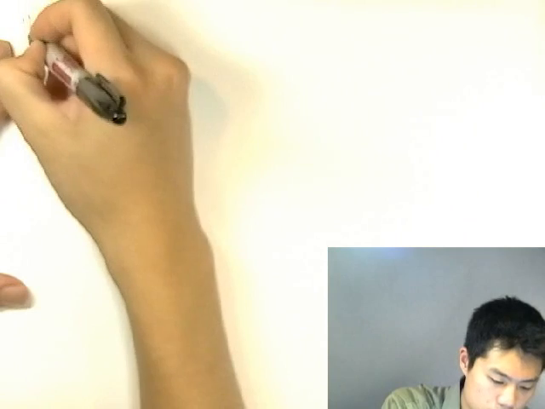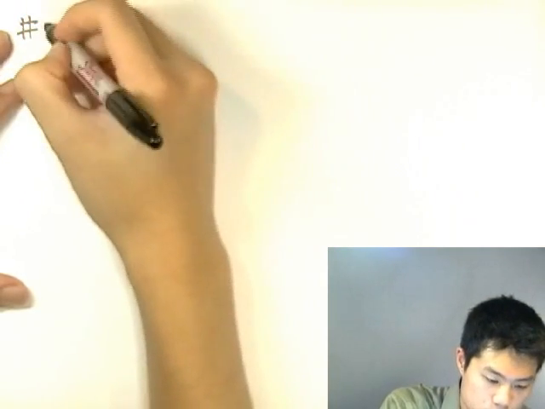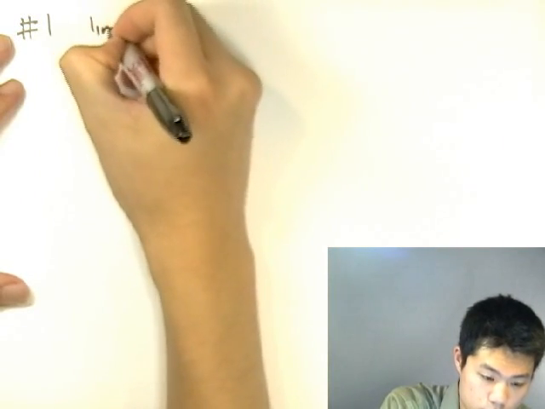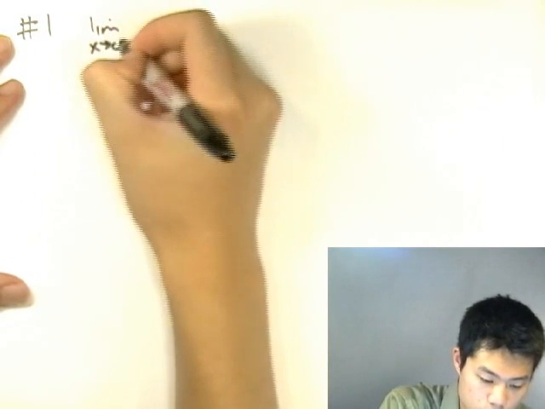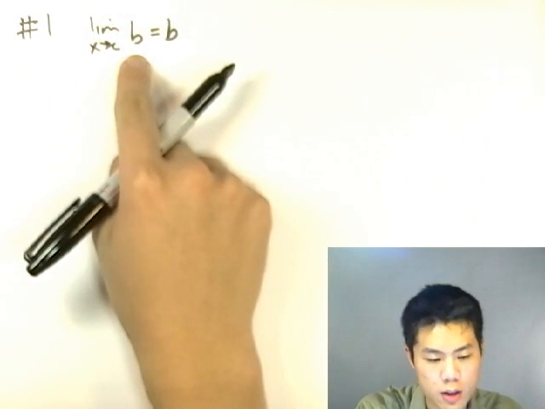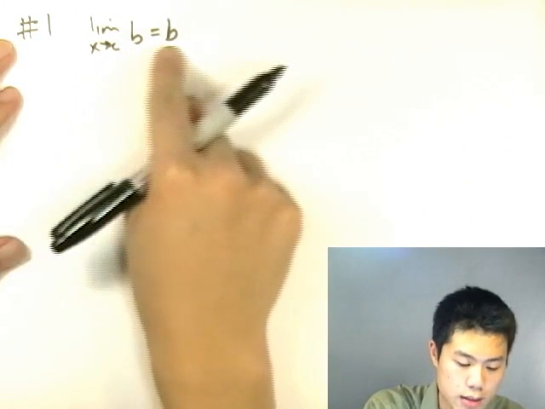Our first property, number 1: the limit of a constant, call it b, as x approaches c is going to be b.